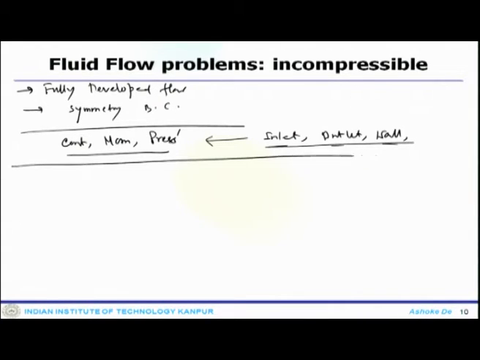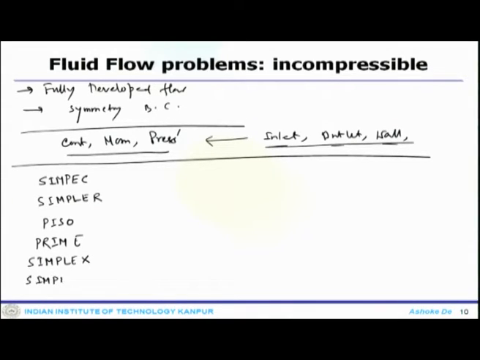Now, there is a different class of SIMPLE family which are slightly advanced. SIMPLE is one of the basic algorithms that was proposed, and a lot of commercial CFD codes, even other CFD codes which are based on the finite volume technique, use that, but there are different classes of algorithms which are available, like SIMPLEC, then SIMPLER, then you have PISO, PRIME, SIMPLEX, SIMPLEM, SIMPLEST.